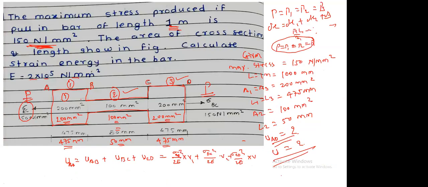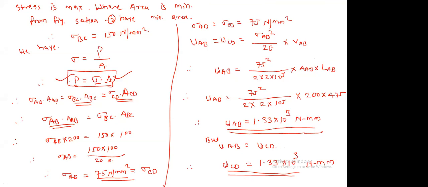In this figure 3 sections are connected to each other, so the U of AB value we have calculated, we have to consider for U of CD also. And U of AB is equal to U of CD. Why? Because their cross sectional areas are same. If the cross sectional areas are same, then the strain energy stored in them will also be same. Therefore, it is equal to 1.33 into 10 raised to 3.